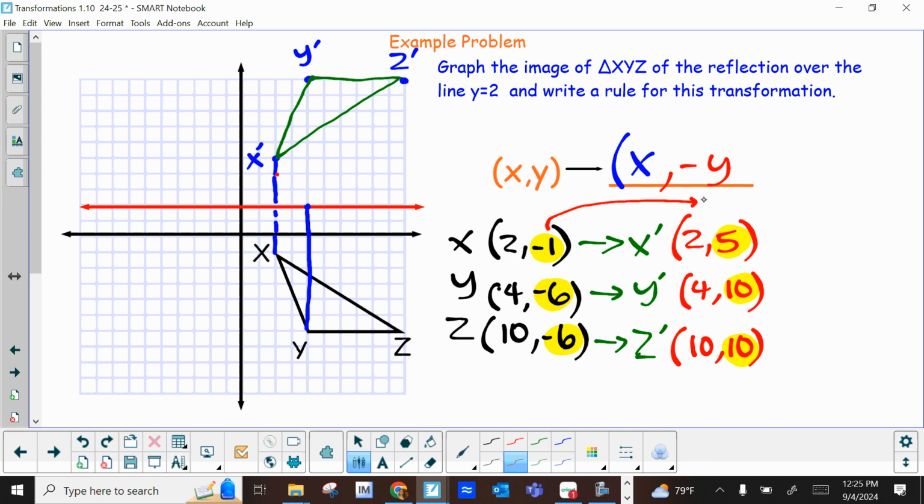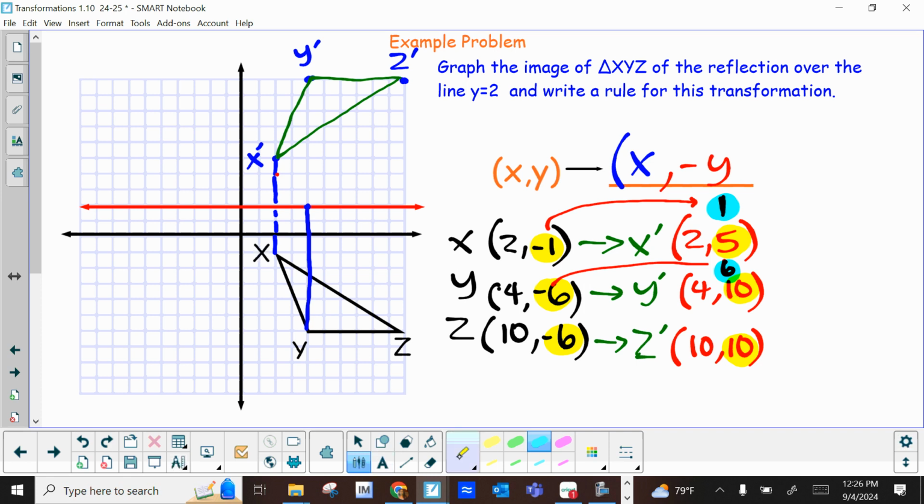Well, the sign change to negative 1 would be a positive 1. Well, that's not a 1. This sign change would be a positive 6. Well, that's not a 6. But check it out. How is this number 1 related to the 5? How is the 6 related to the 10? They're 4 units away. So think about that.